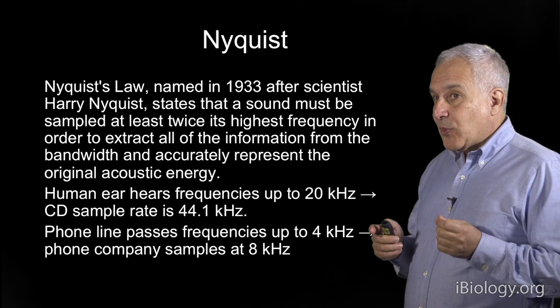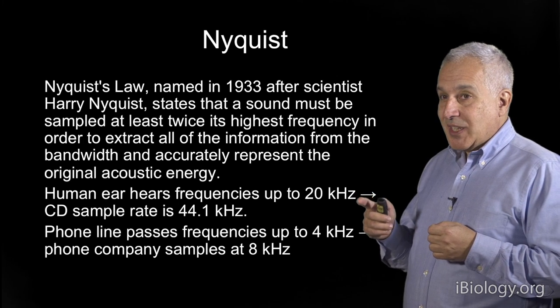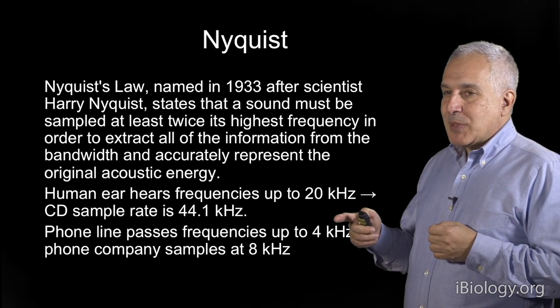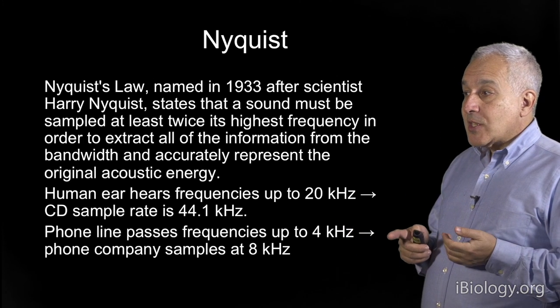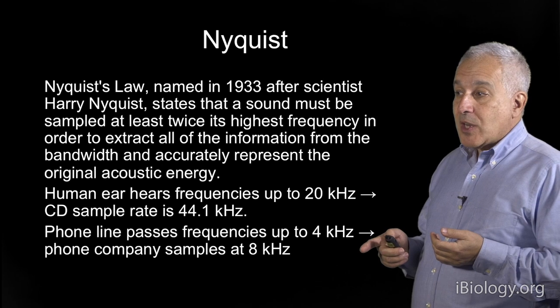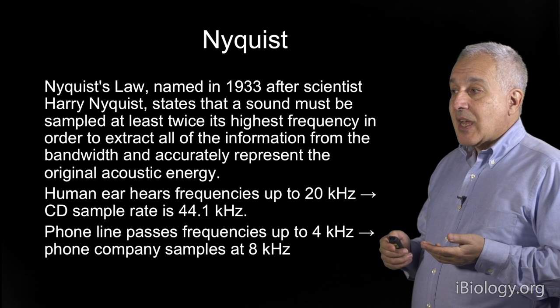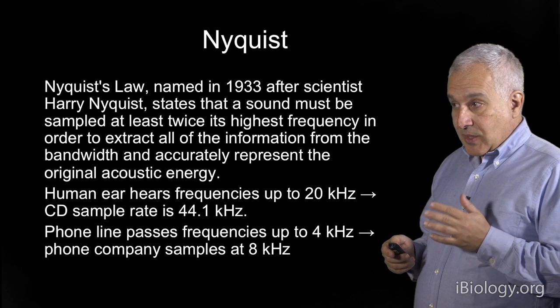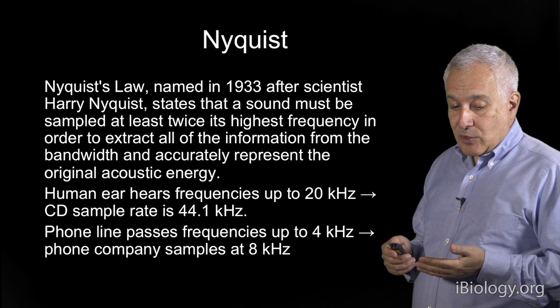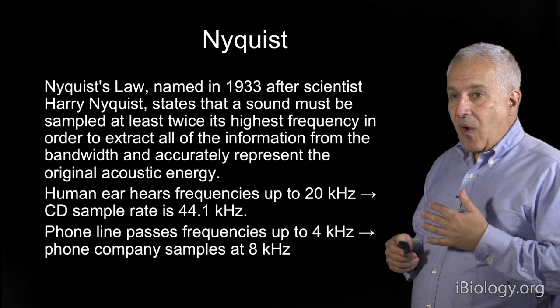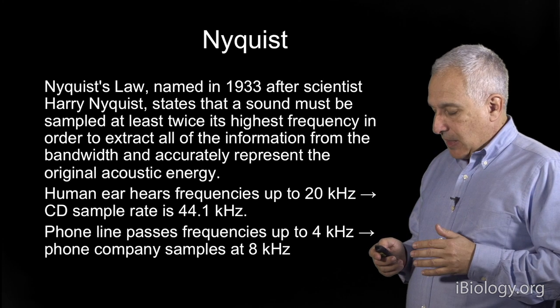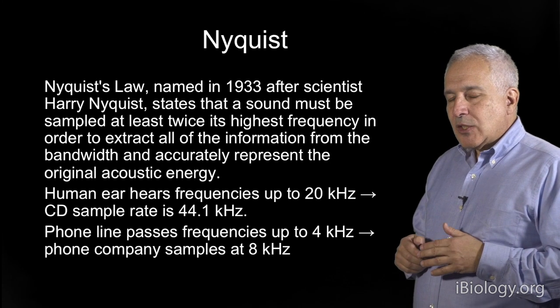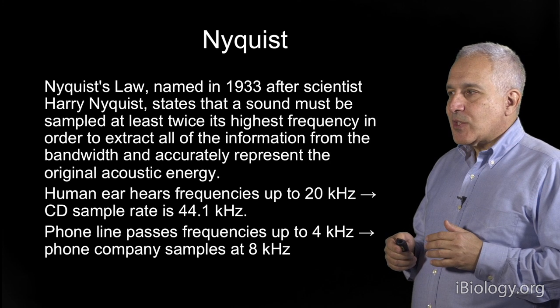Not because you can hear 44 kilohertz, but in order to hear 20 kilohertz accurately, you have to be sampling twice the highest frequency. Phone lines pass frequencies up to 4 kilohertz, so the phone company samples sounds at 8 kilohertz. So this is true in sound, but it's also true in all forms of signals that have oscillations, that you need to sample twice the highest frequency you're interested in.